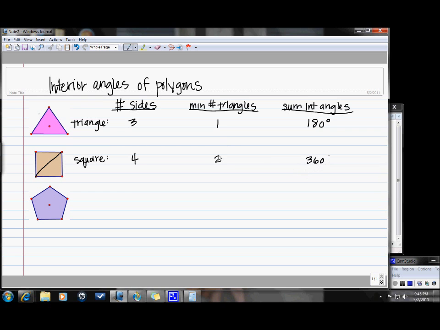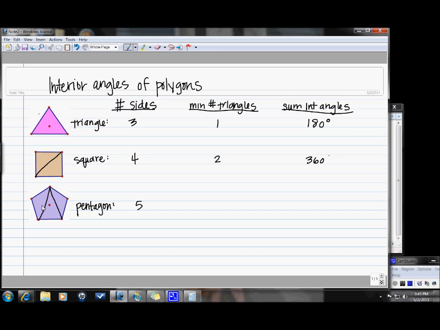What about a pentagon? A pentagon has 5 sides. What's the minimum number of triangles that we can create from a pentagon? This one's a little bit trickier to see, but we can go from our vertex there and make a line down to there. Sorry, my lines aren't super straight with this thing. And a line down to there, and you can see that we have separated this pentagon into 3 triangles.